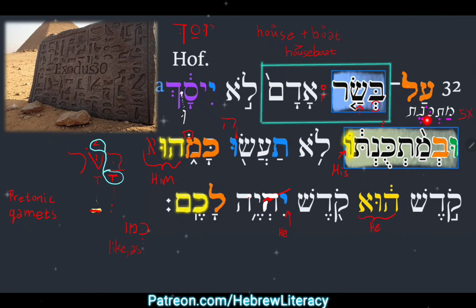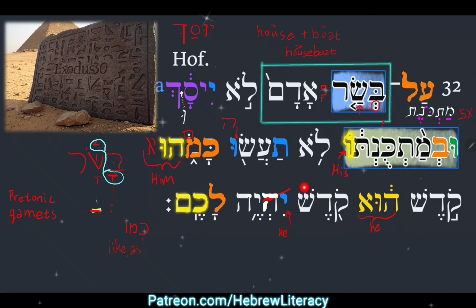Uvmatkhunto, and with or by the matkonet of him, of it. Lo, not. Taasu, you shall make. Kamohu, like him. Kodesh hu, holy is he, meaning the stuff, the shemen, the oil.